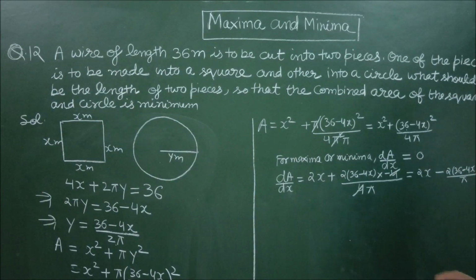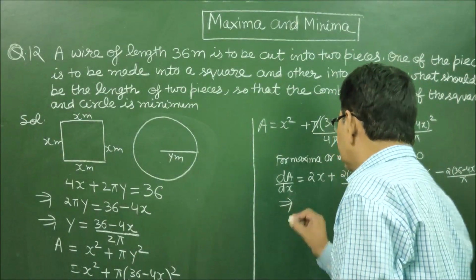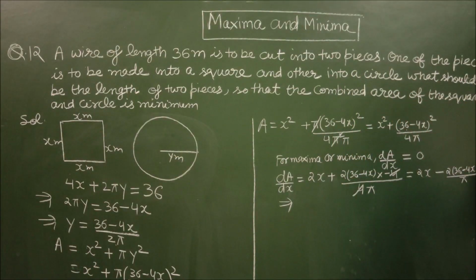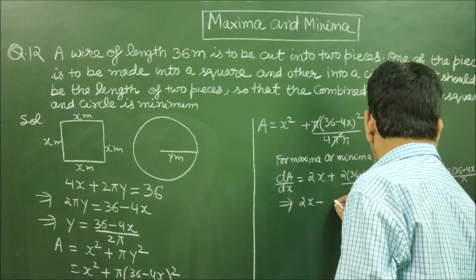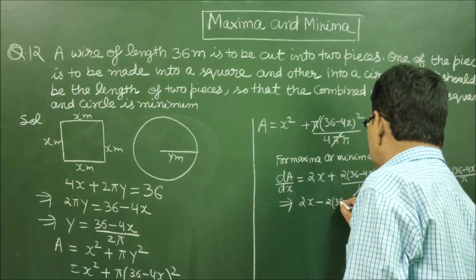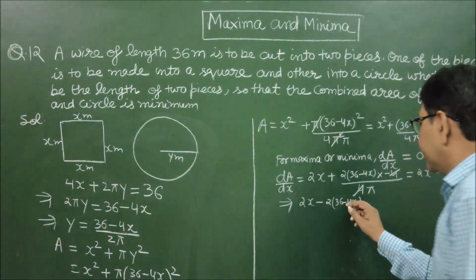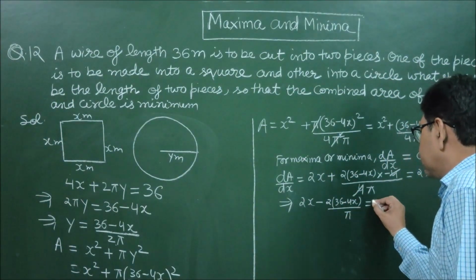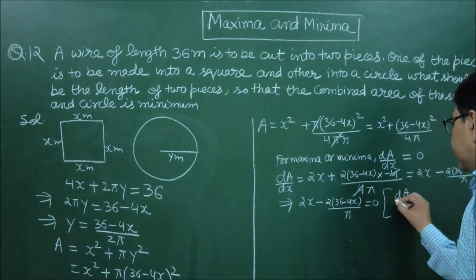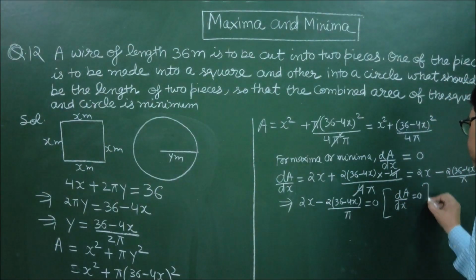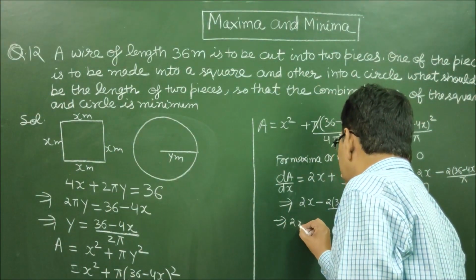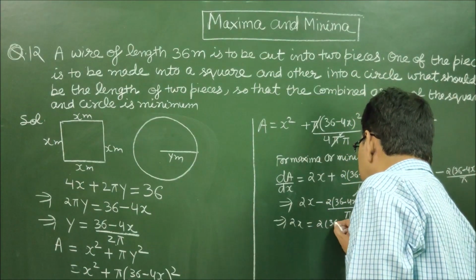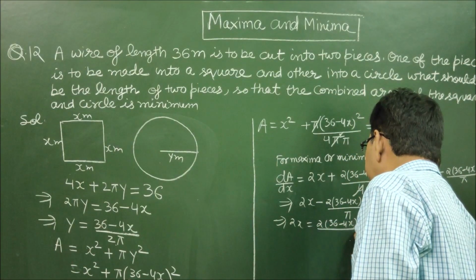So putting this value equal to 0, we get 2x minus 2 into 36 minus 4x upon pi is equal to 0, because we put dA over dx equal to 0. Now if we solve it further, 2x is equal to 2 into 36 minus 4x upon pi.